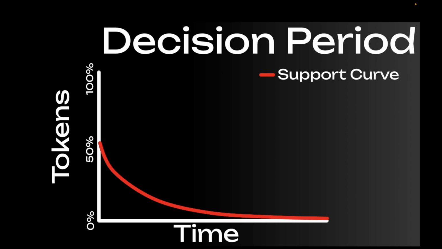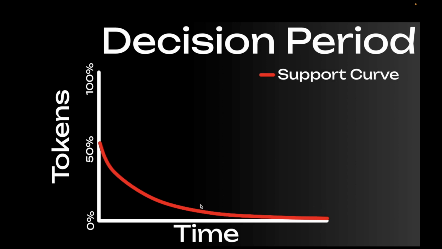For most tracks in OpenGov, the support requirement at the start of a referendum is 50%, or you can think of it as 50% of all dot in circulation has to be voting on this referendum at time equals 0 for it to meet this requirement. And this trends down to 0% support for all tracks in OpenGov, except the whitelisted caller track, which has a 5% support requirement as a minimum.